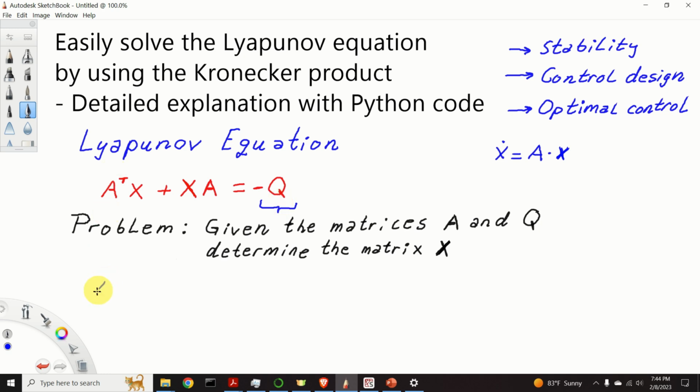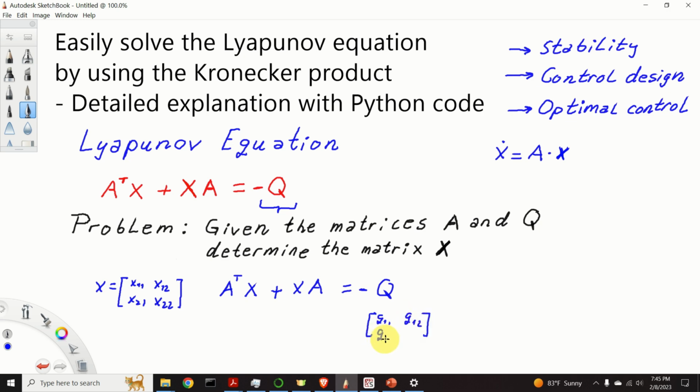To illustrate this, people often parameterize the X matrix as x11, x12, x21, x22, and then they find this product that will depend on x11 until x22, then they add the result to this product that will again depend on x11 until x22, and on the other hand they have a quadratic matrix, let's say with the components q11, q12, q21, and q22, and once they do that, they obtain a system of 4 equations with 4 unknowns, where the unknowns are x11, x12, x21, and x22.